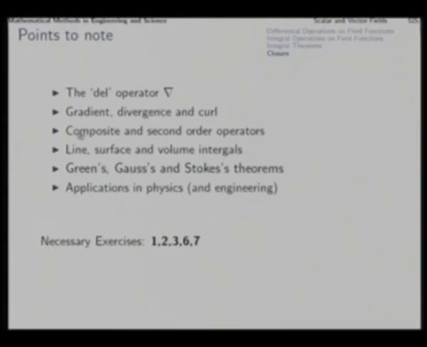The way we have the composite and second order operators on field functions, then next the line, surface and volume integrals, and the 3 important theorems which are Green's, Gauss and Stokes theorems.